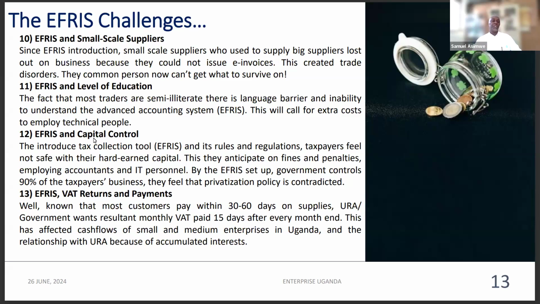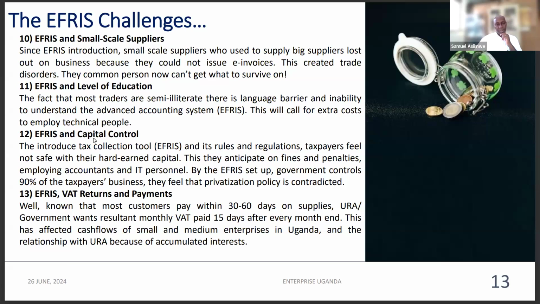So the small suppliers lost out on the supplies to the big business people. And this, of course, created trade disorders, and you find that the common person now cannot get what to survive on. And in this way, the challenge came in with the system. Then the other one is about the level of education. We must all agree that most traders are semi-literate.